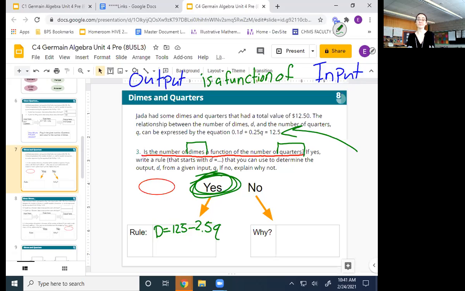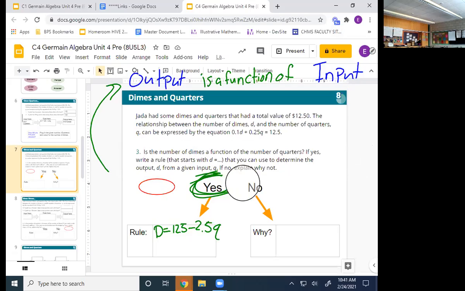Say, I don't know, I'm not sure. Very good. We're always writing a function statement as output is a function of input. Range as a function of domain. Dependent as a function of independent. We're always talking about functions in terms of output is a function of input. Nice job.